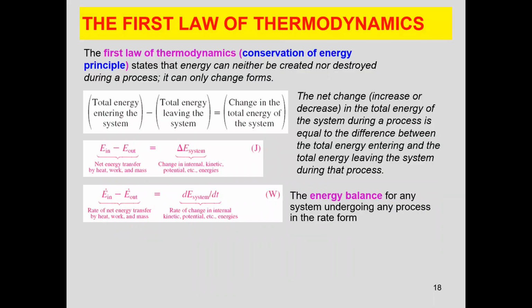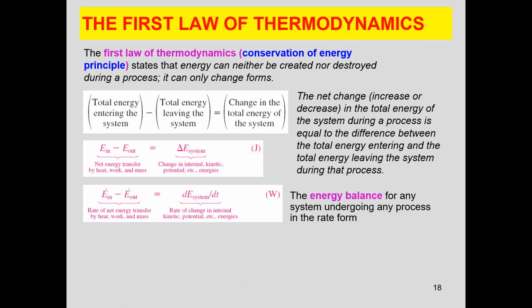Now, the first law of thermodynamics is not here. You don't have to learn it now. It's just for your concept. It's a different version of the conservation of energy principle, which states that energy can neither be created nor destroyed during a process. It can only change form.